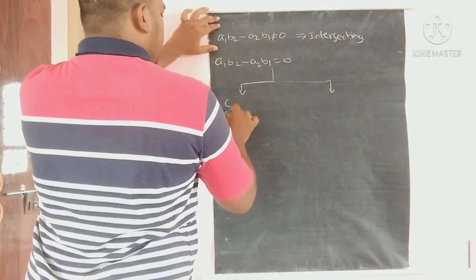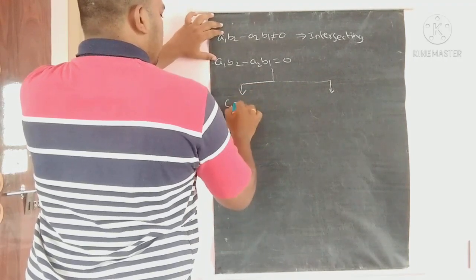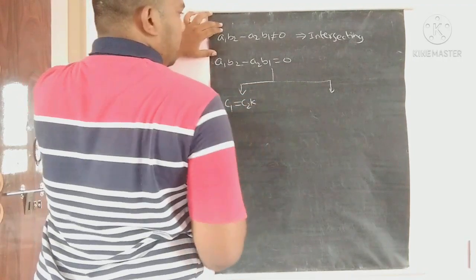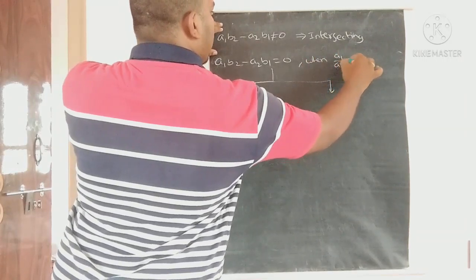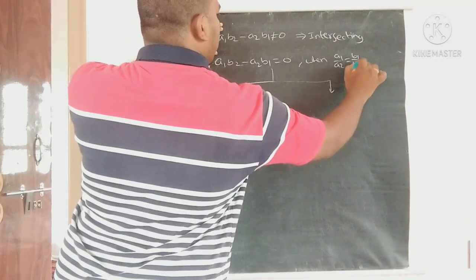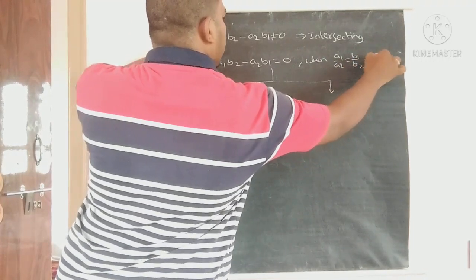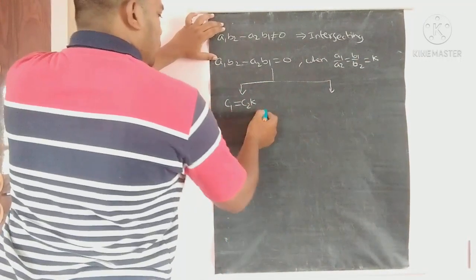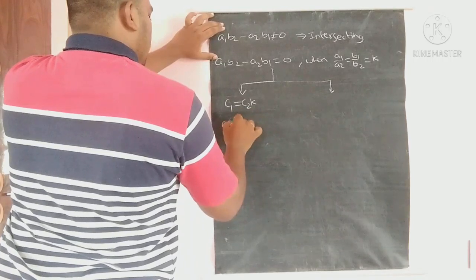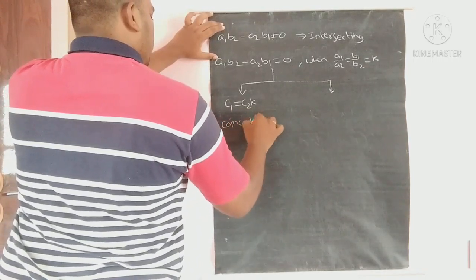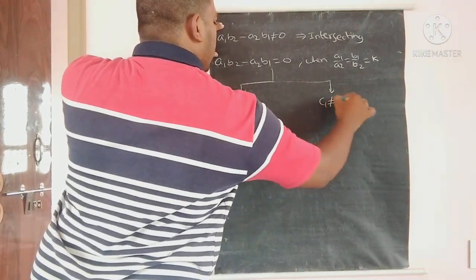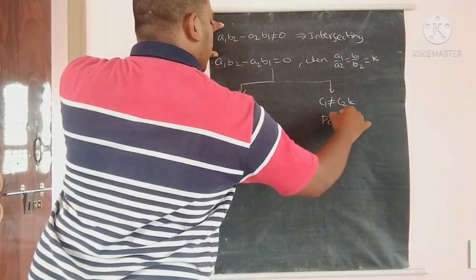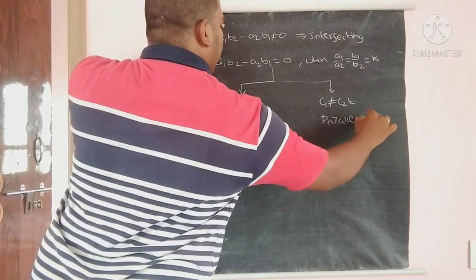One case is if C1 is equal to C2K, where A1 by A2 is equal to B1 by B2 is equal to some K. In this case you will get coincident lines. If C1 is not equal to C2K, in this case you will get parallel lines.